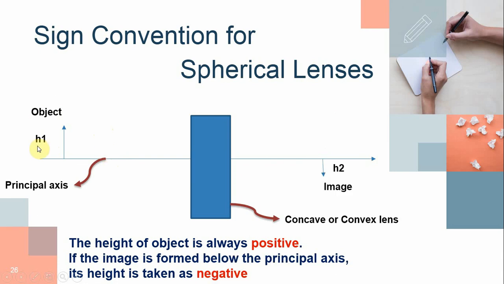Here we always place the object above the principal axis, so h1 is always positive. That means the height of the object is always positive. If the image is formed below the principal axis, its height is taken as negative. Below the principal axis we take negative.